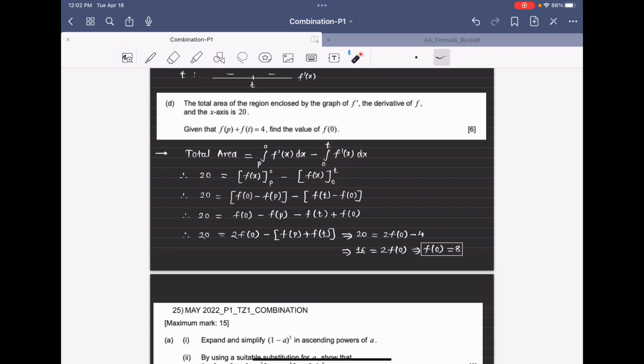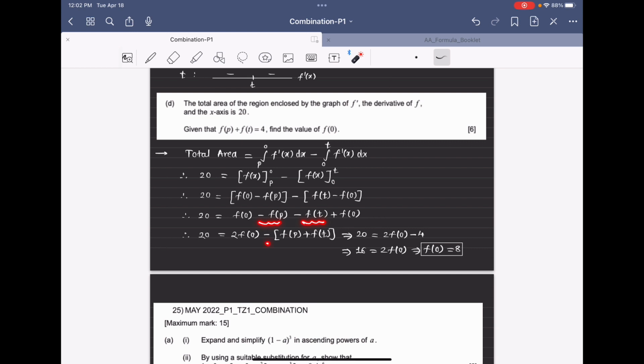So 20 is equal to, put upper limit, f of 0 minus f of p, minus bracket, f of t minus f of 0, open the bracket. 20 is equal to f of 0 minus f of p minus f of t plus f of 0. So 20 is equal to f of 0 plus f of 0 is 2f of 0 minus f of p minus f of t.